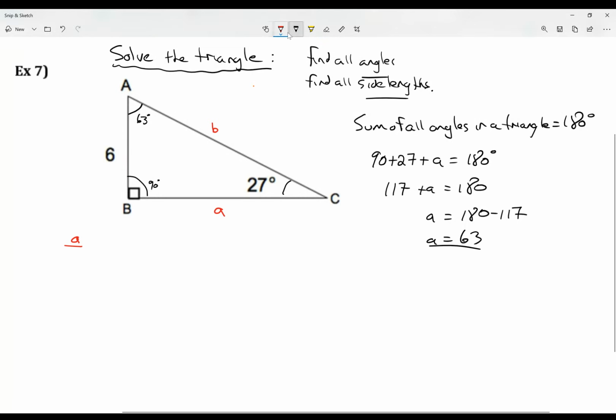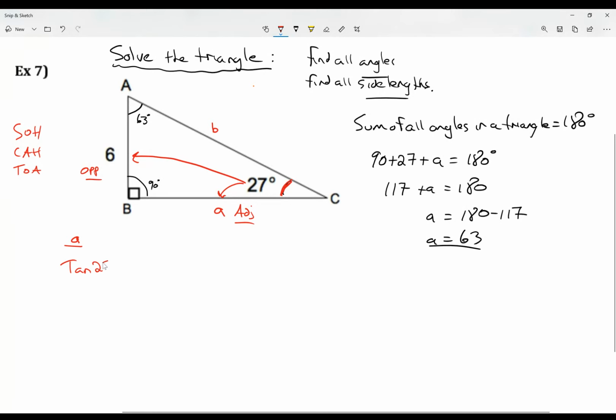To find A, 6 is the opposite to angle 27, and A is the adjacent to angle 27. So for SOHCAHTOA, I have the opposite, I need the adjacent, so I'm going to use the tan.